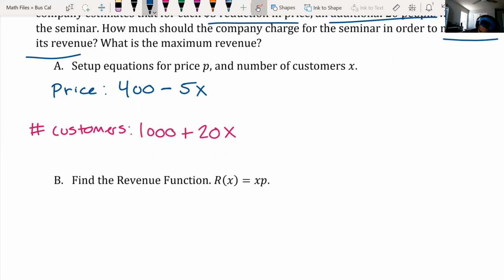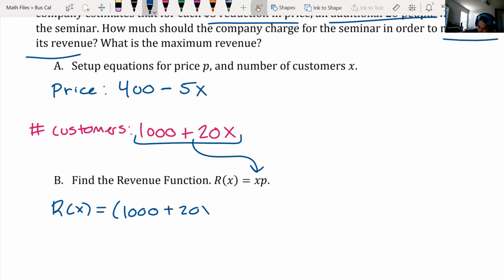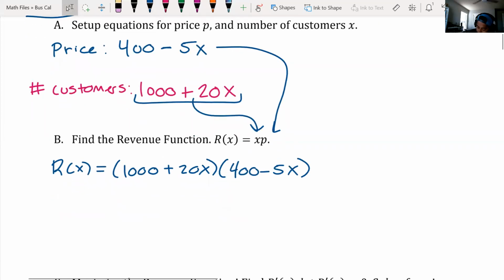For revenue, the number of customers goes in for x, so we're going to have 1,000 plus 20x times the price. And of course, price goes in for P: 400 minus 5x. Okay, so there's our revenue function. Now we just have to FOIL it out and simplify.